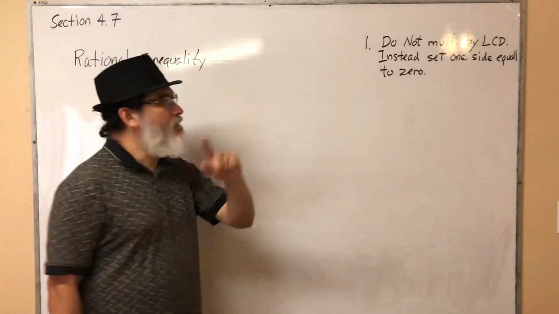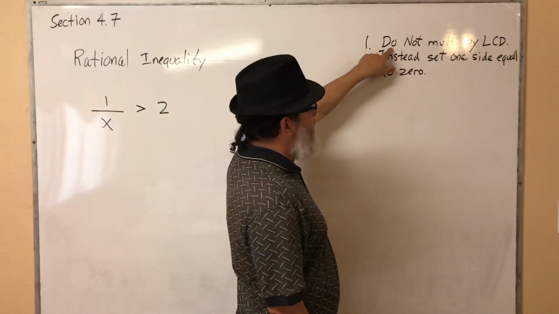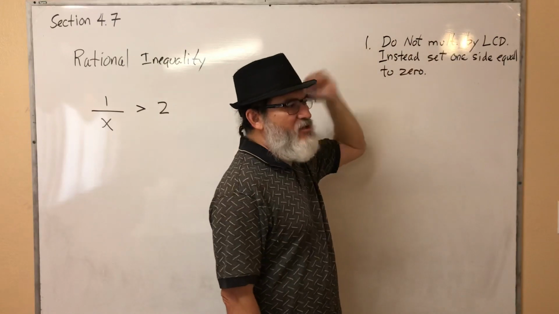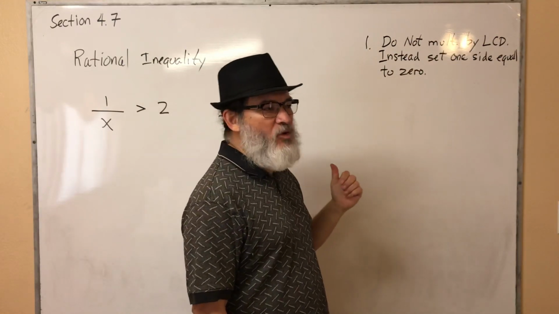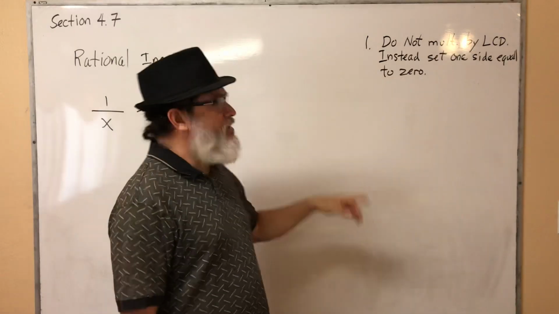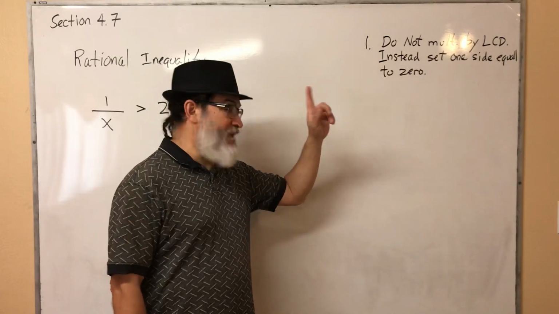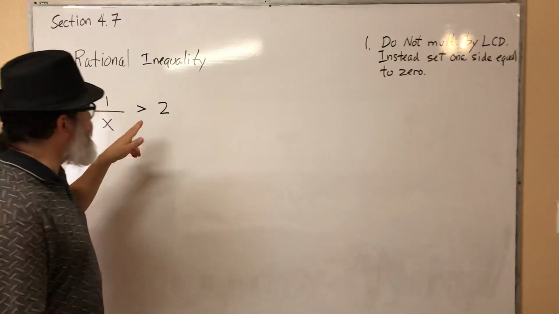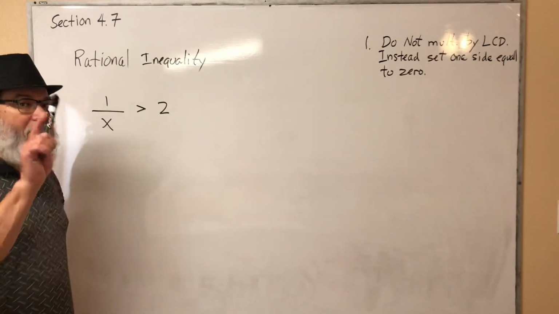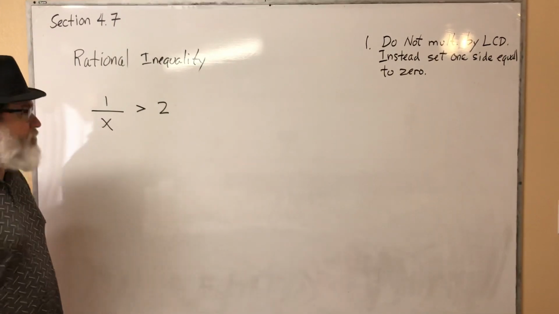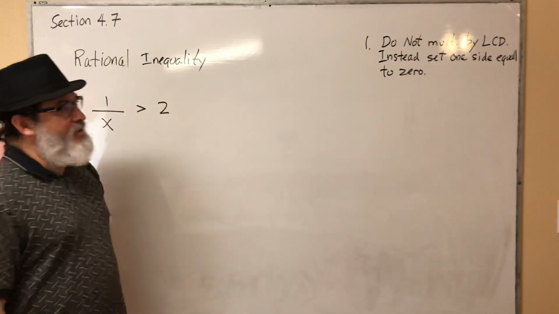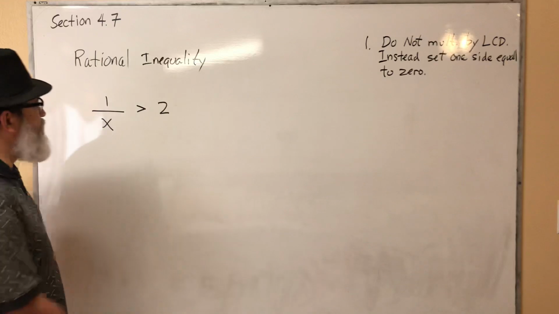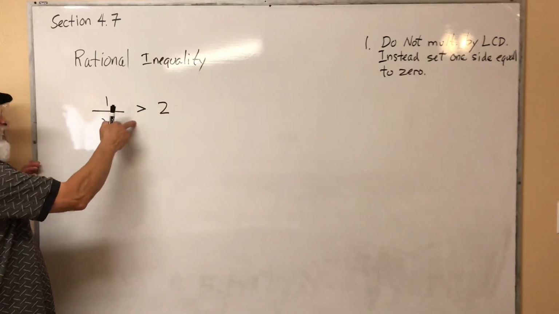Once again, do not multiply both sides by the LCD. That's what we did earlier when we had rational equations, but not here. This is a rational inequality. Instead, set one side equal to 0. So that's what I'll do.